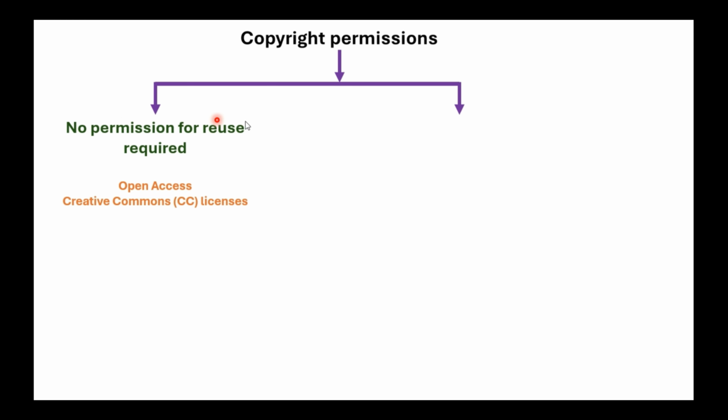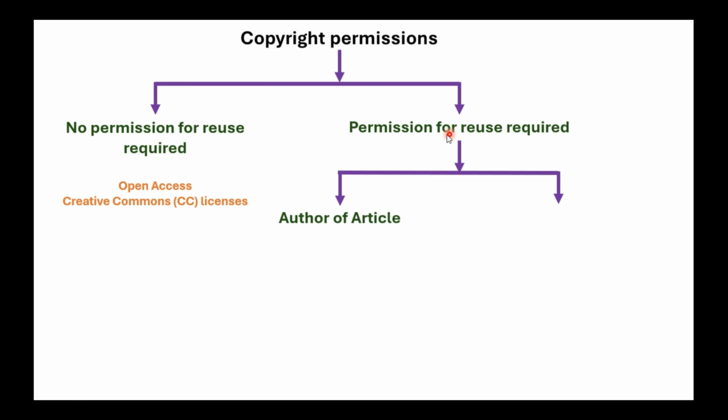Second is where you have to take permission. In such a case, if you are the author of the article, then surely you will get permission, but you have to go through some procedure that I will discuss further.